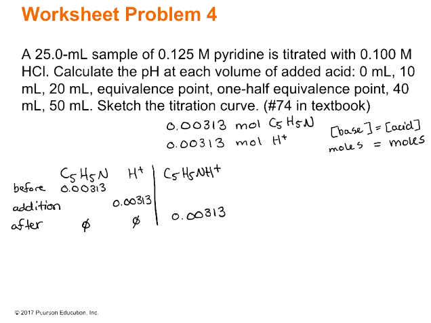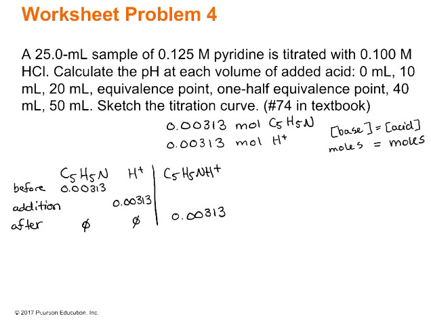Okay, so you're probably wondering, what do we do from here? What we want to do is determine the concentration of the weak acid at this point. And then from there, we can do an ice table.